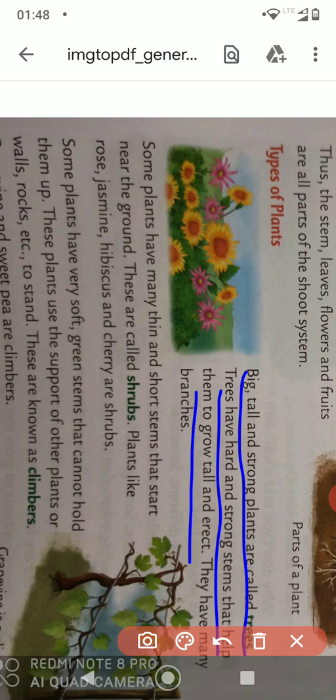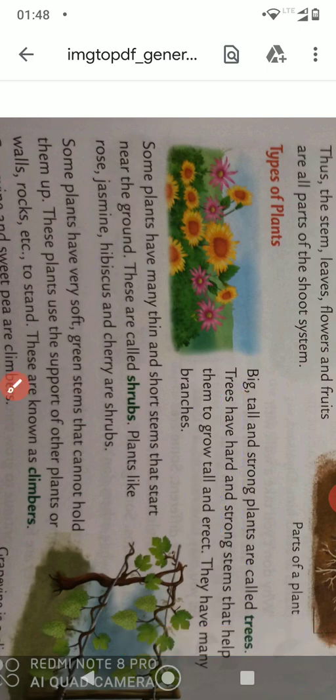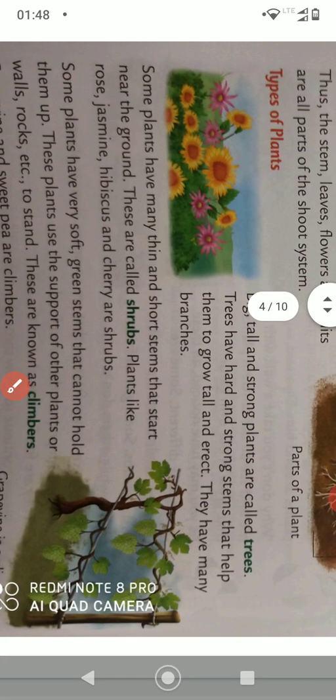I'm talking about the different branches which arise from the top part of the trunk. It doesn't start from the base of the trunk, it starts from the top of the trunk.